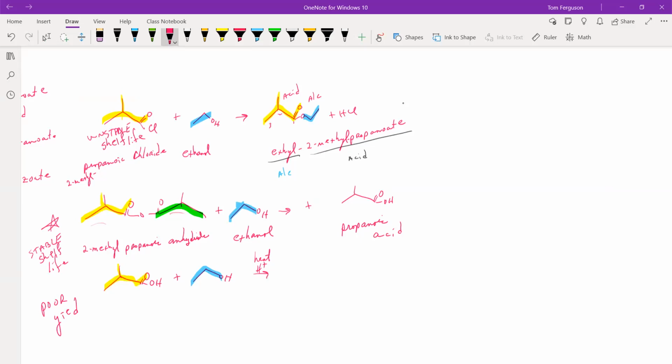The preferred one is the anhydride because the anhydride stores better than the acid chloride. The most stable of the three is starting with the acid, but you get a poor yield because the acid is so much more stable than the ester it creates. But all three of these will produce that ethyl 2-methyl propionate.